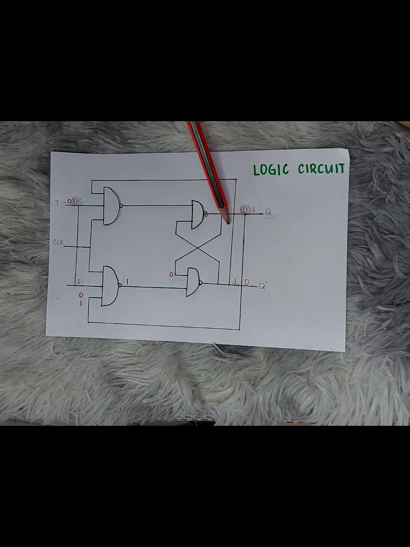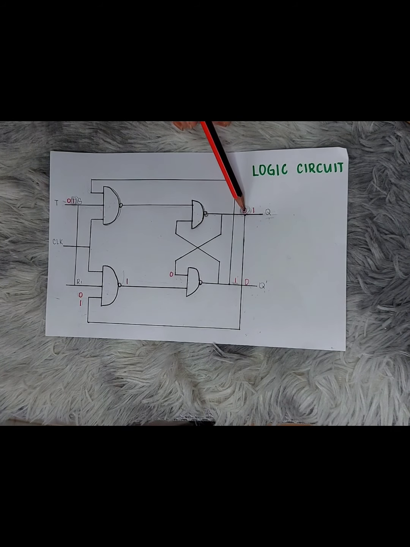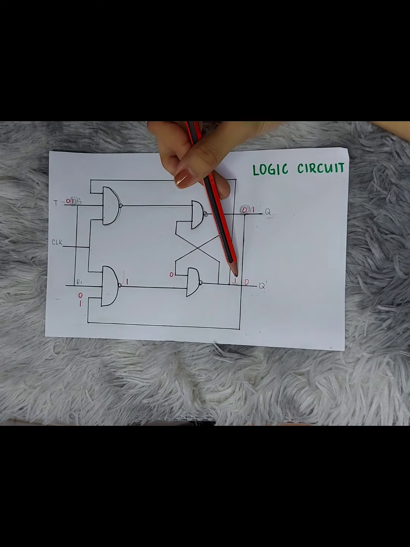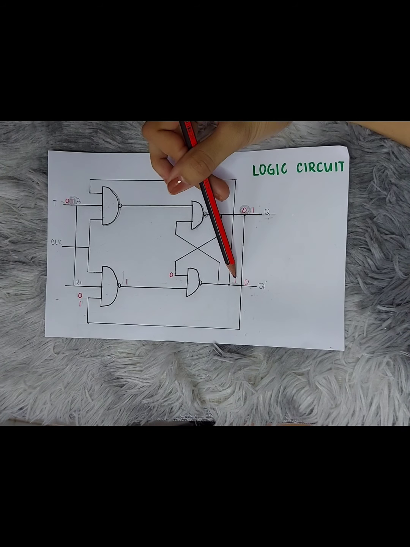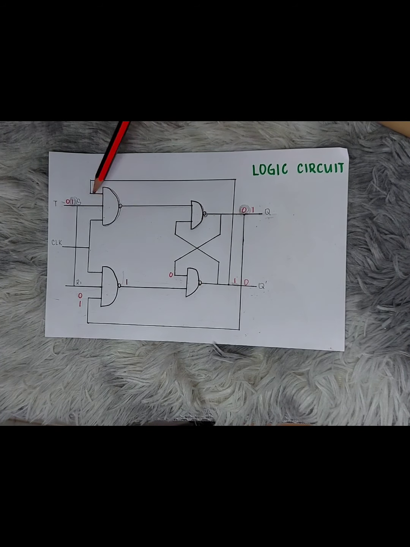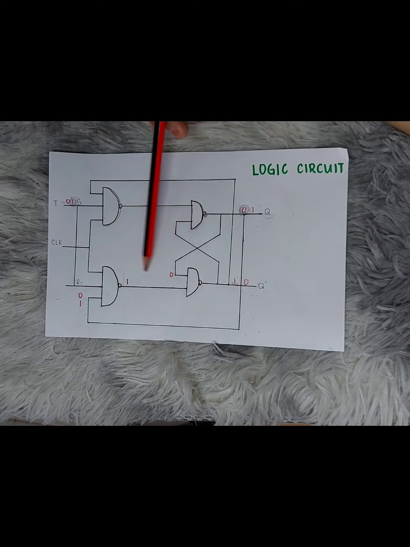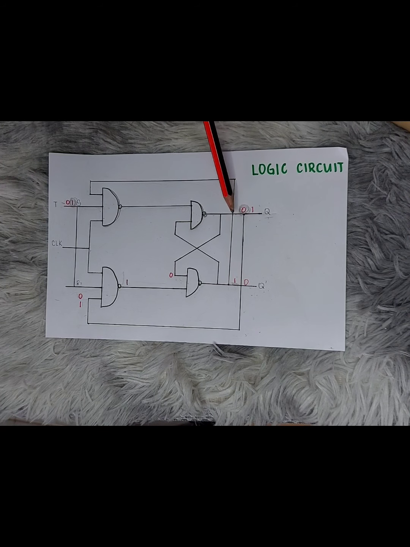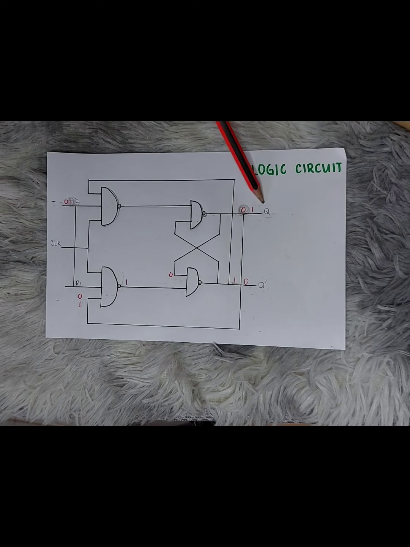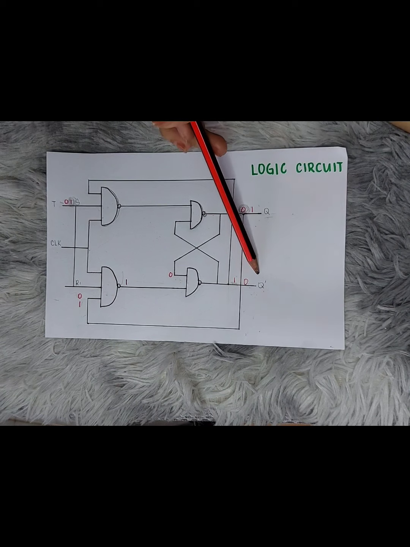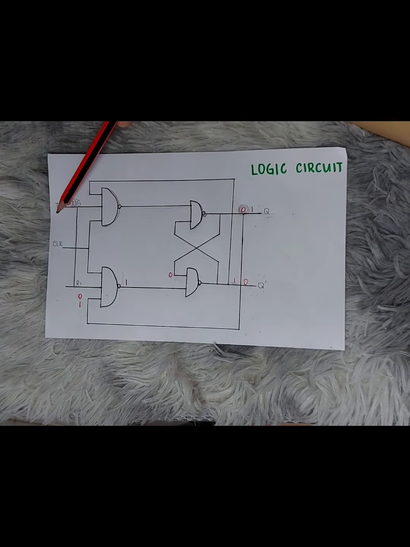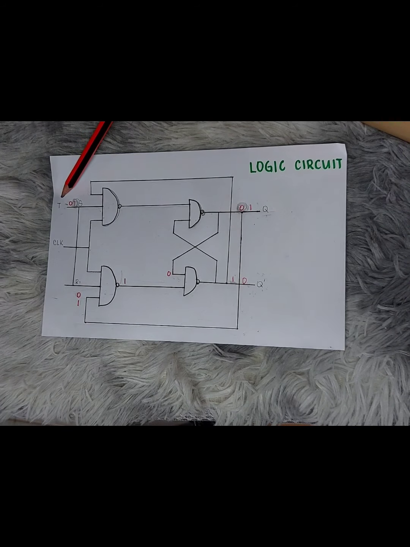So as we did, the Q, which is 0, produces the Q prime, which is 1, which is true, and which means that the upper NAND gate becomes disabled and the lower NAND gate is enabled. So whatever the Q output will be is inverted or complemented in the Q prime if the trigger input is high or 1.